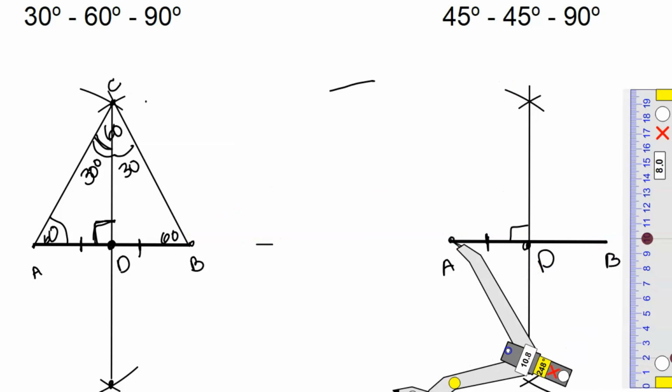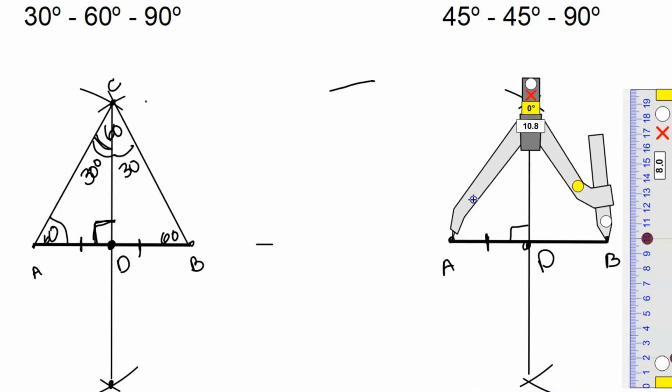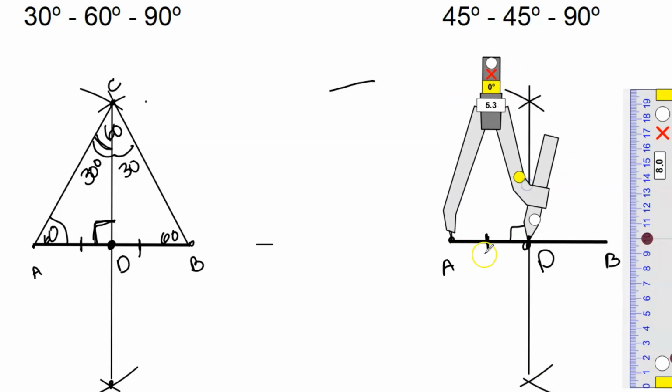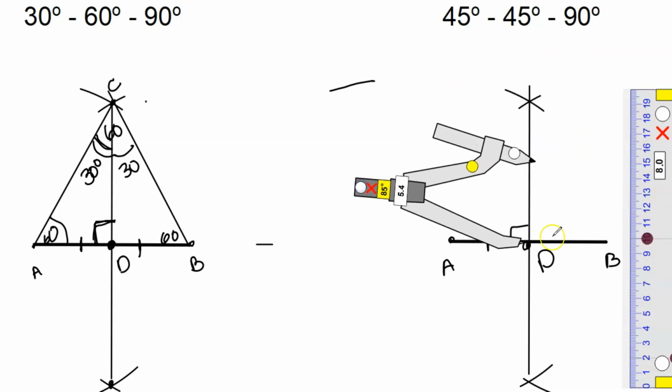I'm going to measure the distance from A to D and get that measure, which is right there. So there's my measure, right? There it is. And now I'm going to move the stylus to point D, there we go, and rotate that up vertically. And that's still the same measure between A and D.